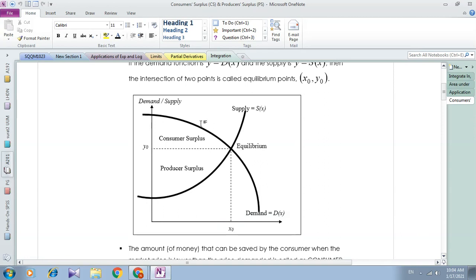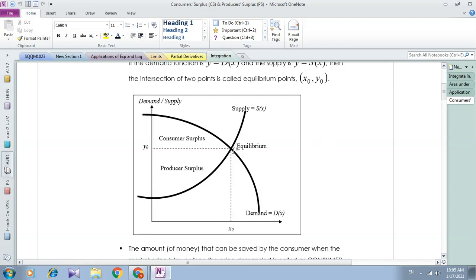When you see this graph, basically you have seen this before in quadratic equations. The first graph refers to the demand function, while the other graph, the one with the positive A, is the supply function.